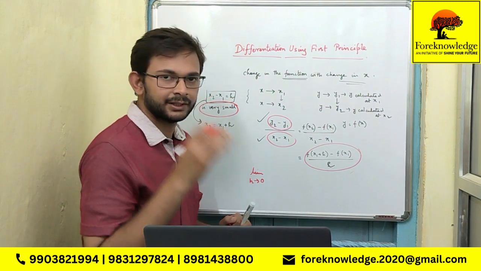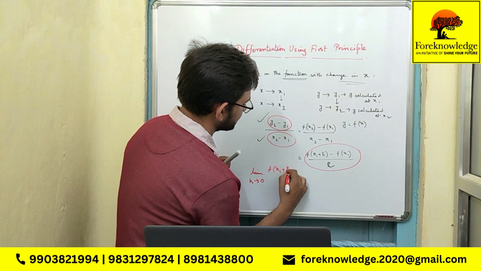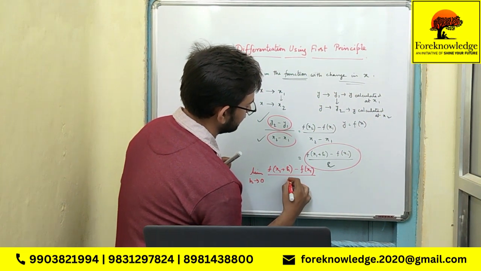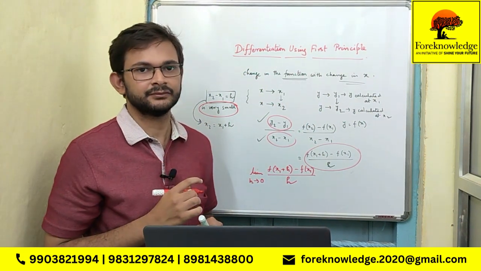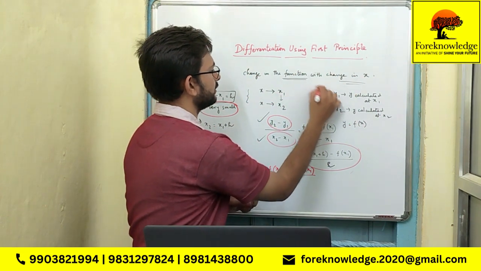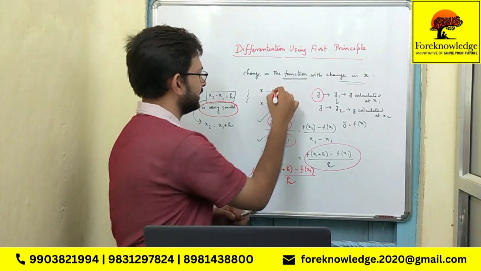So limit h tends to 0, f of x1 plus h minus f of x1 divided by h. This is the formula for derivative of y with respect to x when x is x1.